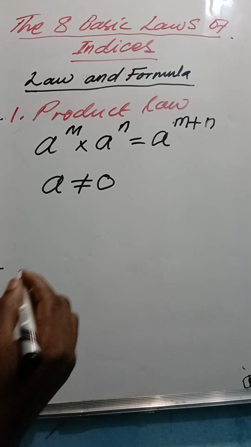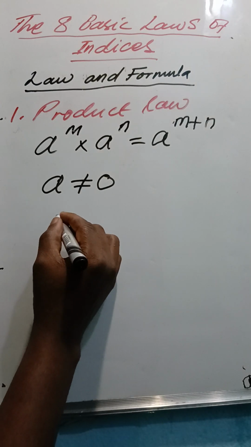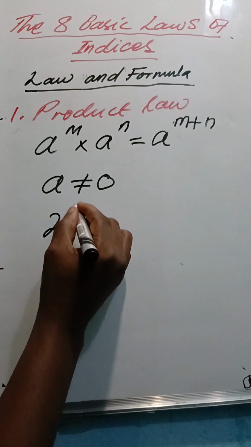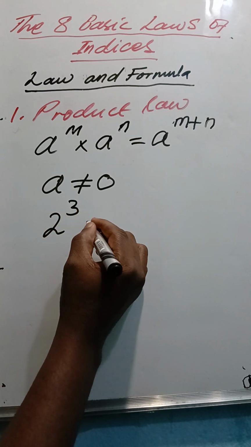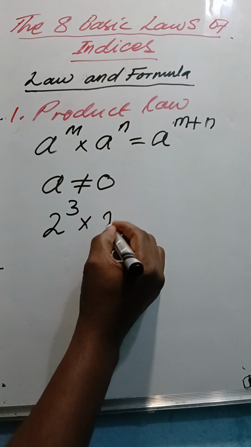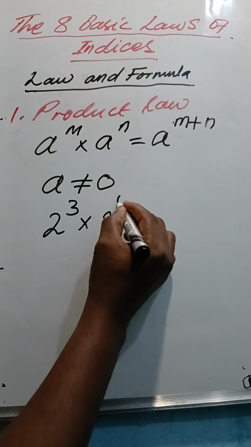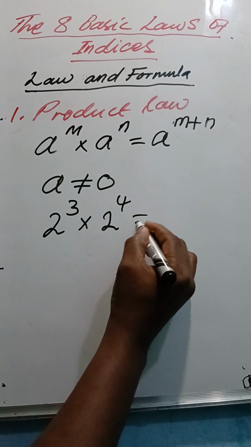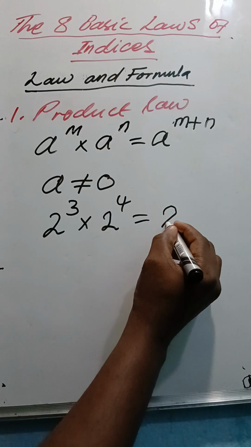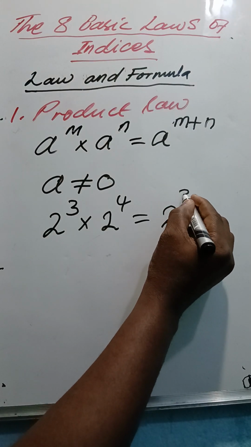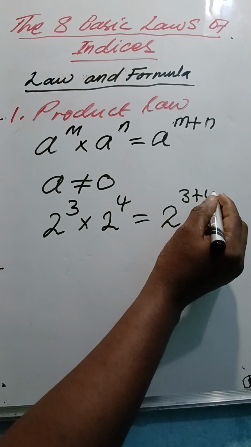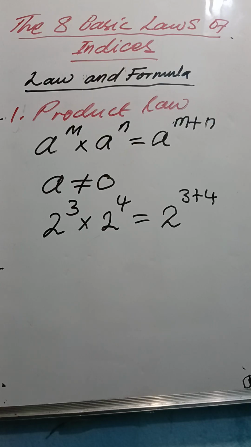So practically this means, let's write 2 to the power 3 times 2 to the power 4. This will give us 2 to the power 3 plus 4. Do you see?